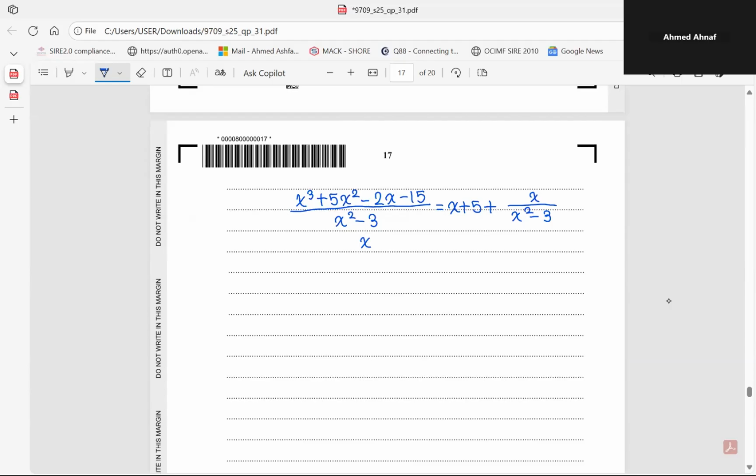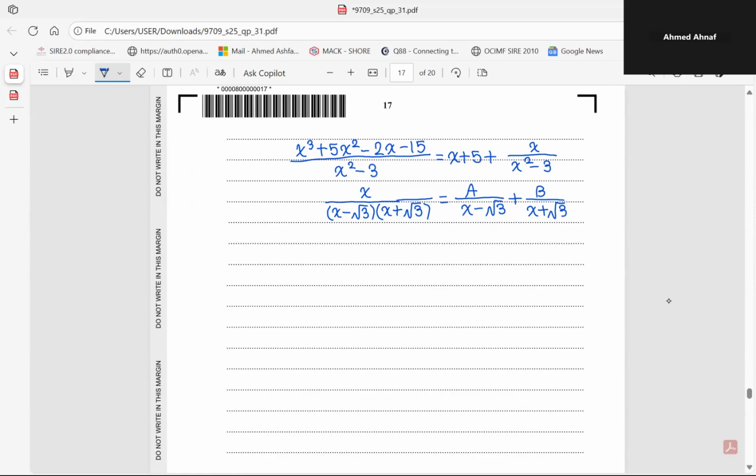So first, let's factorize x squared minus 3. That will just be (x minus square root 3)(x plus square root 3). And this would be equal to A over x minus square root 3 plus B over x plus square root 3. And the numerators are all constants since the factors are all linear factors.